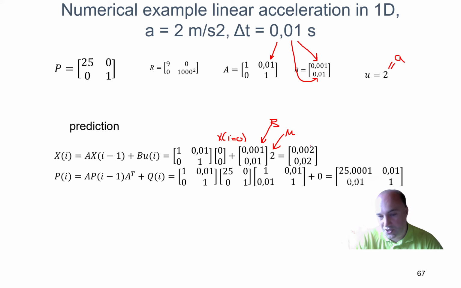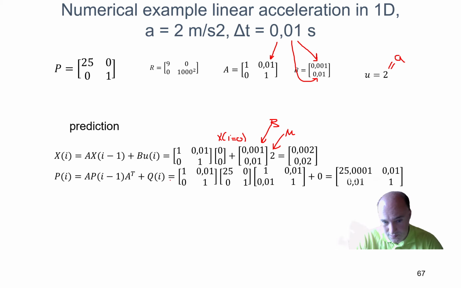So I will get that the new state at time 0.01 seconds is this. I have applied some force and it moved slightly, the position has changed, and it now has some non-zero speed. And based on this, I can make a prediction of my error.